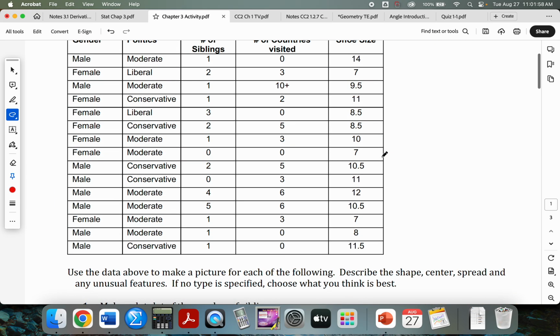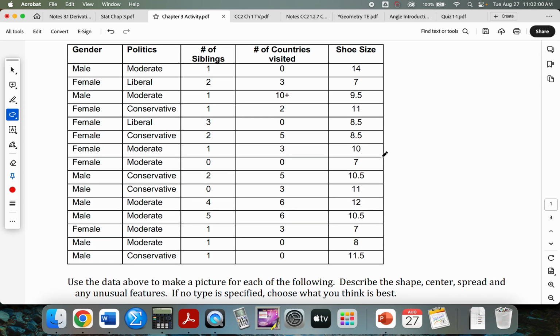Now we need to decide how we are going to break this up. What is our bin width going to be? Maybe 0 to 3, 3 to 6, 6 to 9.